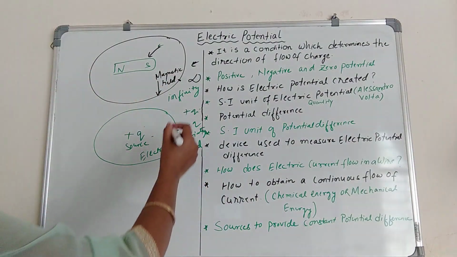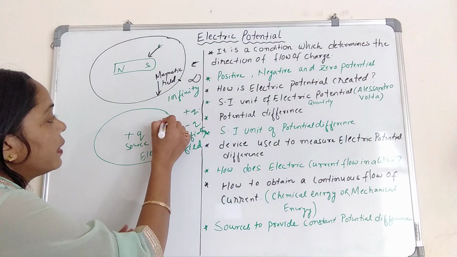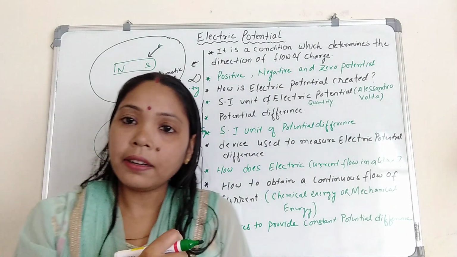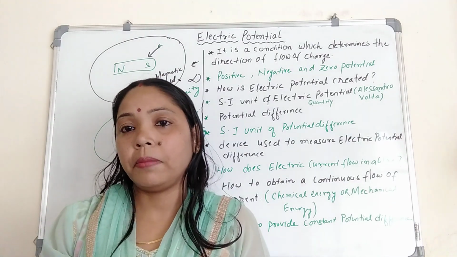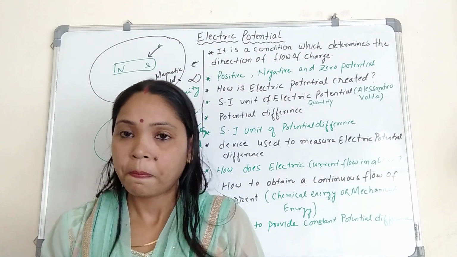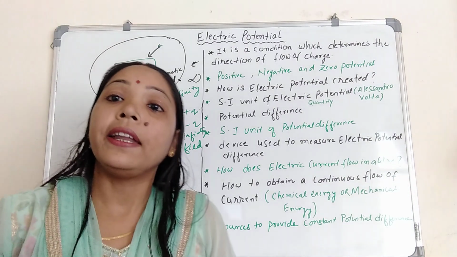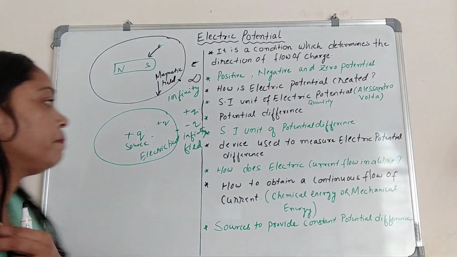Any charge which is inside the electric field can feel a force, maybe a force of attraction or force of repulsion. Beyond the electric field, it is called infinity field.